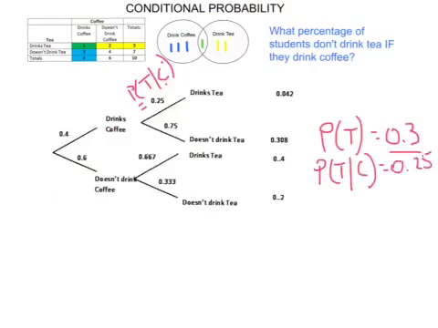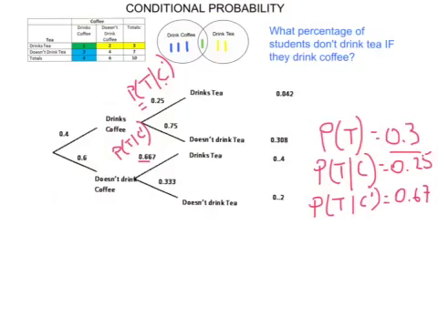That's the conditional part, that's the if part. Down the bottom here, we can label this branch the probability of drinking tea given that they don't drink coffee. So the probability of drinking tea if a person does not drink coffee, or coming from the non-coffee group, is actually 0.67. And that's the notation. That's all there is to it.